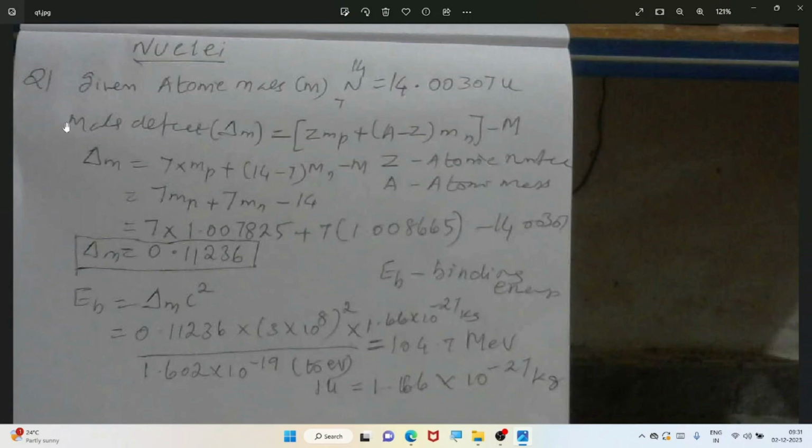From the book formula, mass defect delta m equals Z, the atomic number, times mass of proton, plus the number of neutrons times mass of neutron, minus the atomic mass. For nitrogen, they have given this atomic mass, Z the atomic number, A the mass number. Then after substituting you will get the mass defect in atomic units.